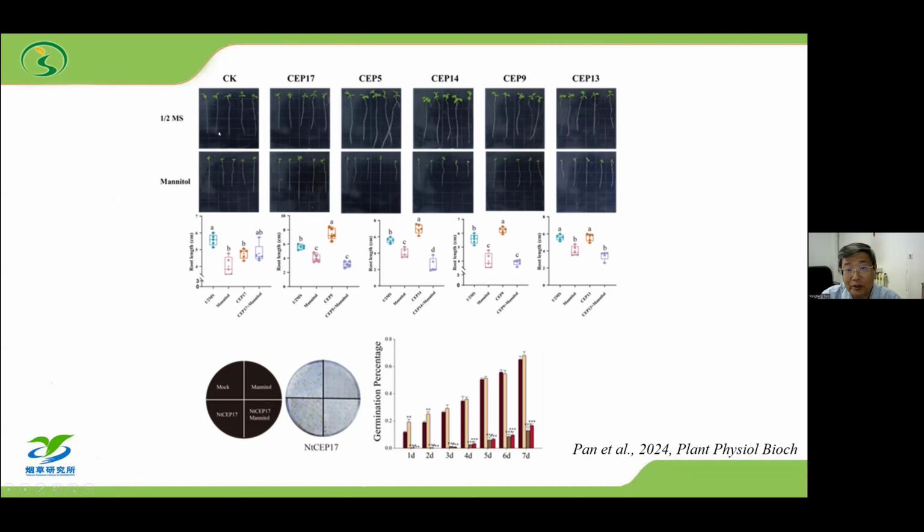So with only medium, different peptides are different, but after the osmotic treatment, some of them can increase, but some of them can decrease the plants' tolerance to the osmotic treatment. This is a seed germination experiment showing that the CEP17 peptide can also elevate the plant's response to osmotic stress in seed germination.